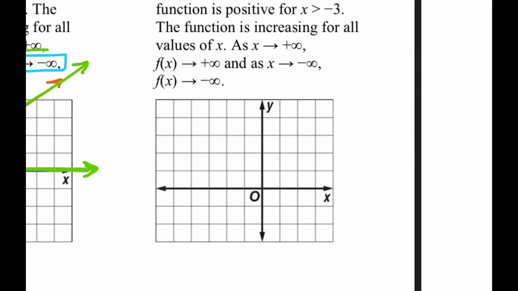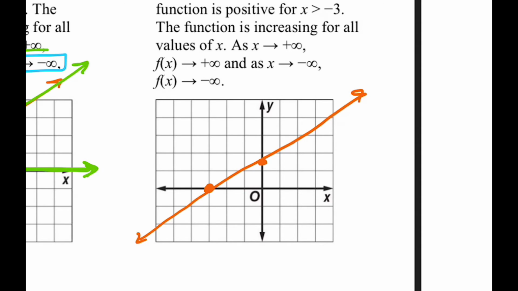Third one, not least. Okay, so my y-intercept is 1.5. So if I say this is 2, this is 1, so it's going to be right here, 1.5. Right? Okay, and then my function is positive for x greater than negative 3. So I can say this is negative 3, and my function will be positive. Okay, so it looks like this will bear out.